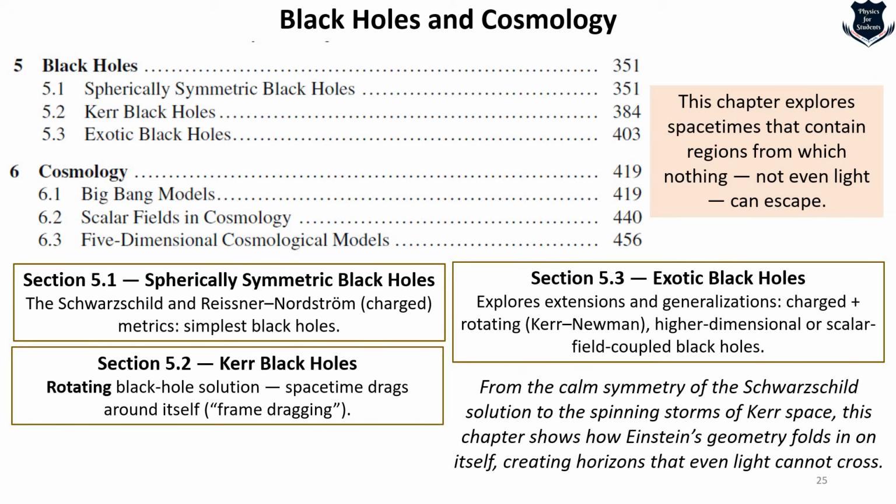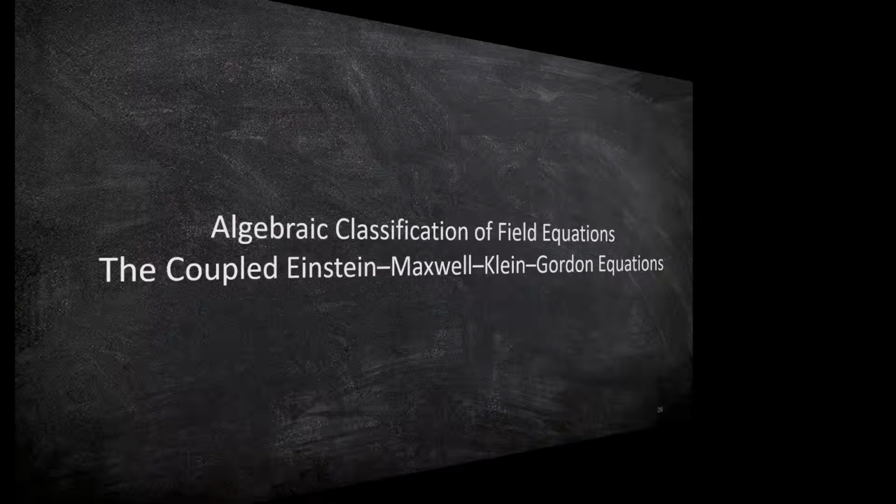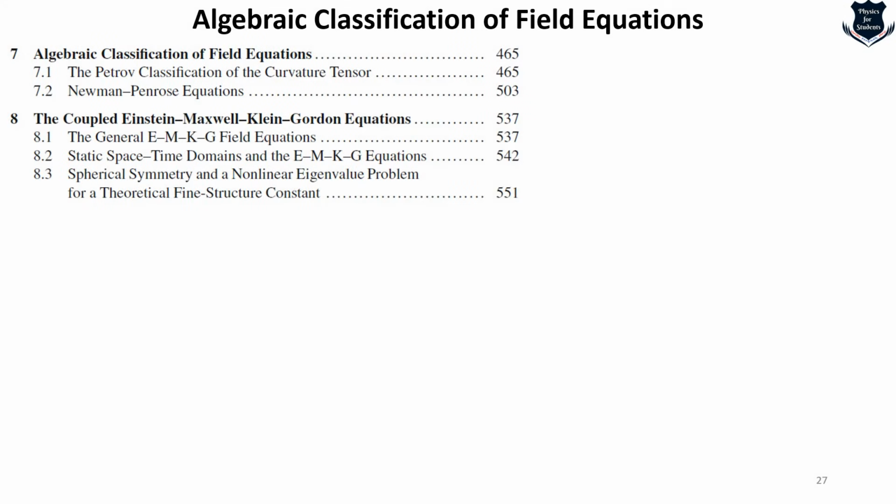Now from here, the author takes another big leap into a very important concept, called algebraic classification of field equations and the coupled equations, which we call EMKG, or the Einstein-Maxwell-Klein-Gordon equations. Now what is that and why is the author doing so? Let us understand. This is the content of the book.